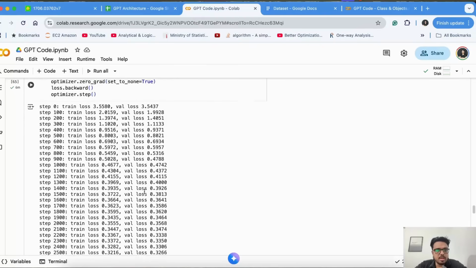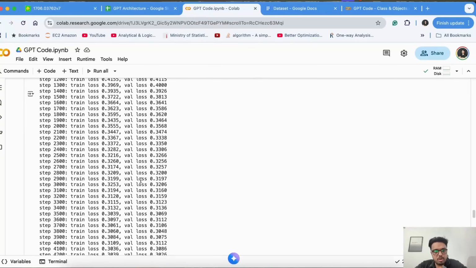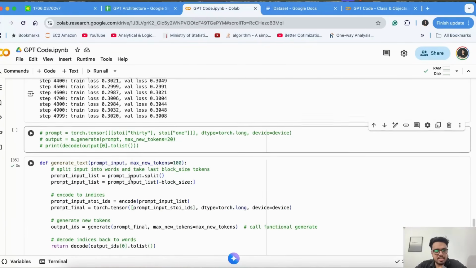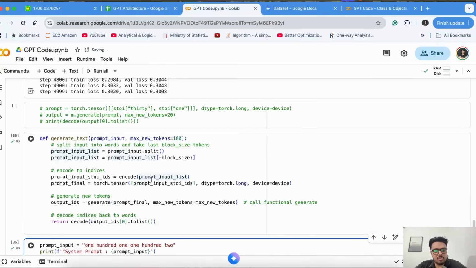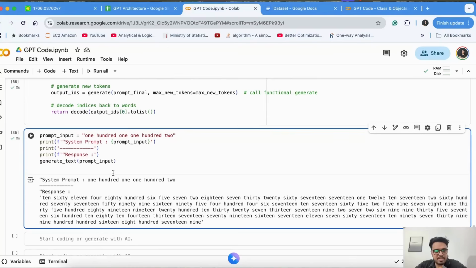Because the losses have gone down considerably after 5,000 iterations, let's test how the model performs now in terms of output. So let's test the same example. For 101, 102, the previous architecture that we had did not perform well. So let's see how this bigger model turns out to be.